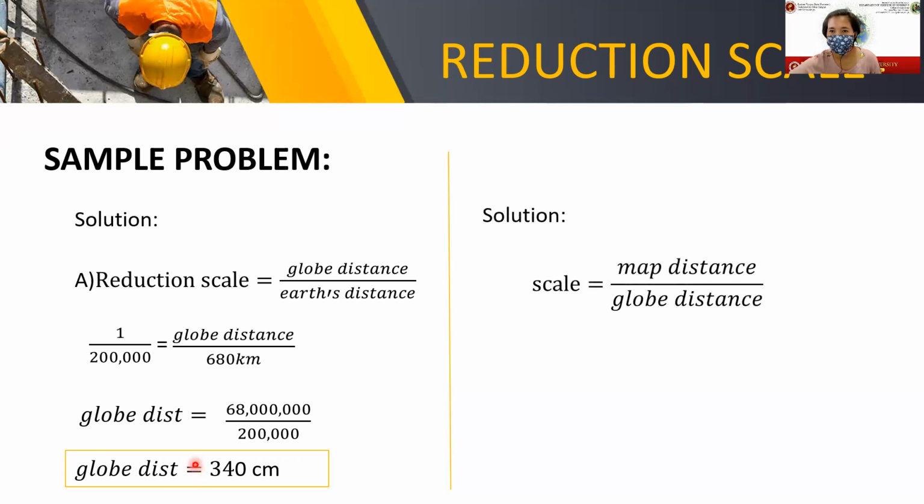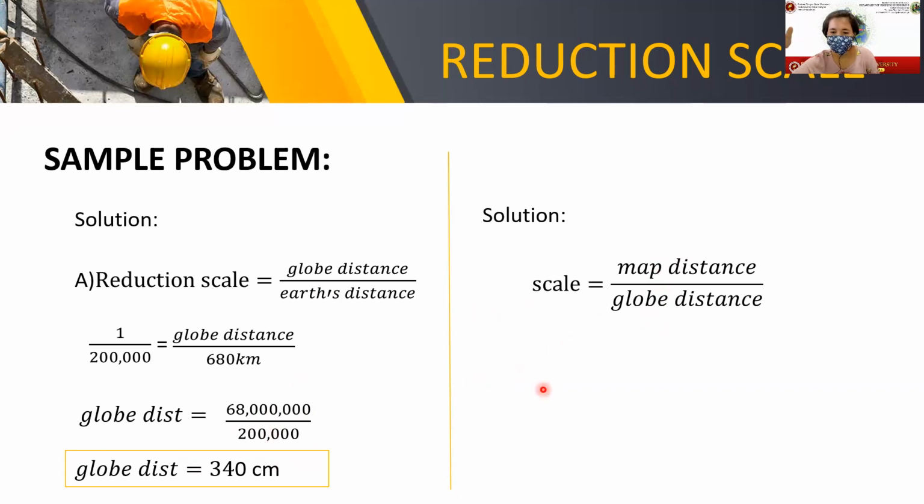So similar din yung concept in computing the scale, which is equivalent to map distance over the globe distance. Since given na yung ating globe distance and given na yung scale, we're going to compute this one. Given na yung map distance, the given kanina, which is 17.4, and we have here globe distance, which is 340.